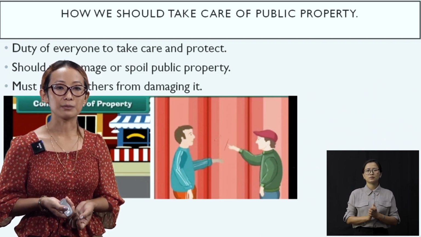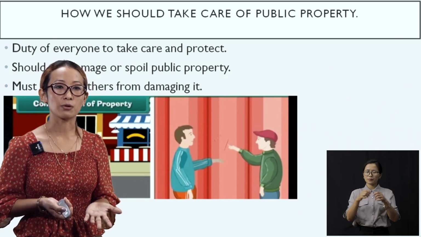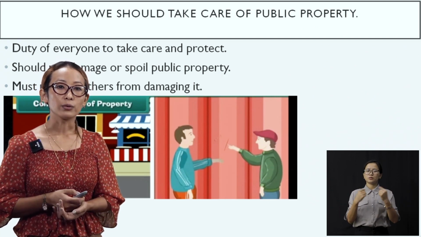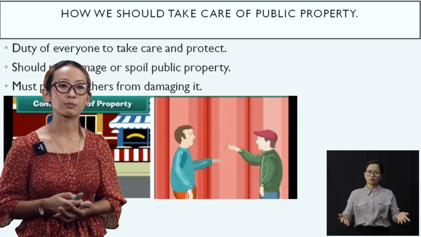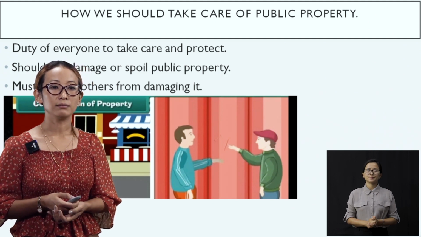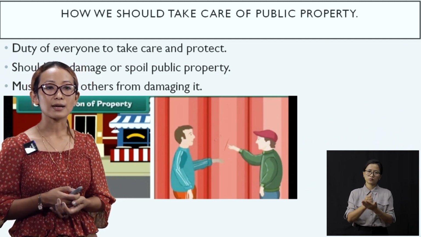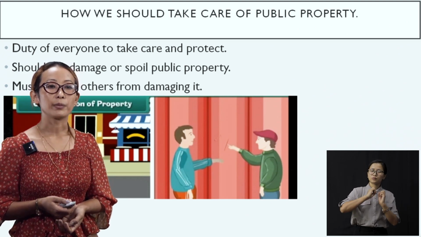this public property, such as a hospital or a playground or a community hall. We should not damage or spoil the public property. And it is also our duty to prevent others from damaging this public property.